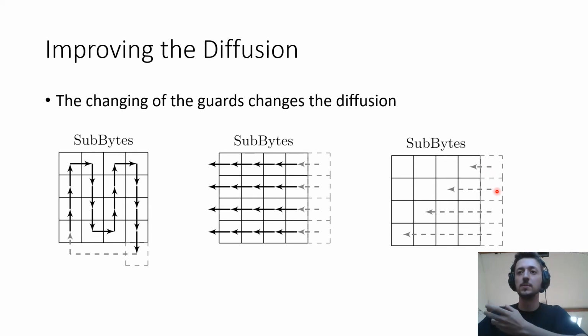We do this by adding an increment to our changing of the guards. So suddenly the input of this S box is XORed to this output, and it continues on. This input will be XORed to this output, etc. And to top it off, we take this last column and also apply a mix columns over this extra column. This gives us better diffusion, something that's shown in 2 slides.